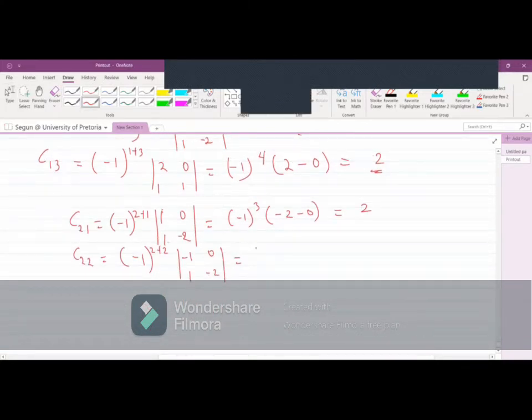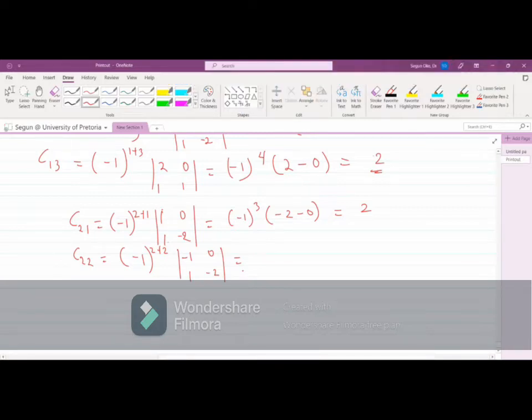Yes, Izuchukwu. Sir, please, I have a question. The raised to the power, as in the one you talk about minor, as in C raised to the power I plus J, as in you pick up the elements in that row, like you are doing for C22 now. I want to know if the raised to power is based on the row and column, second row plus second column? Exactly. Okay. Thank you very much, sir.